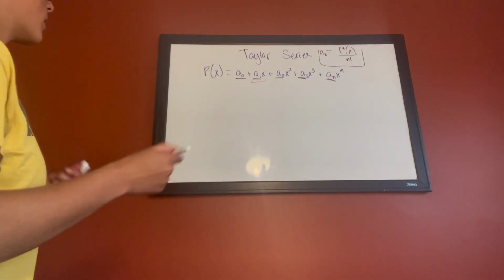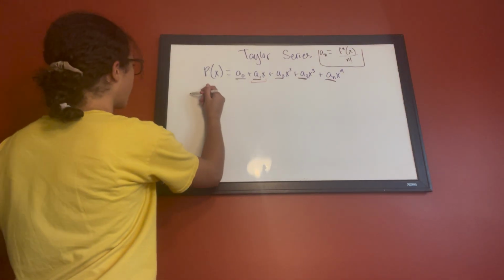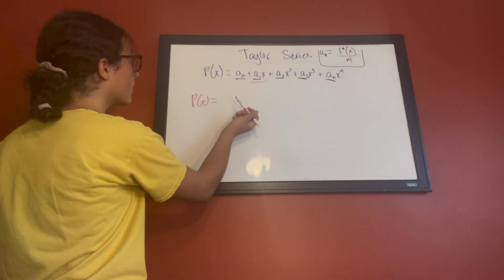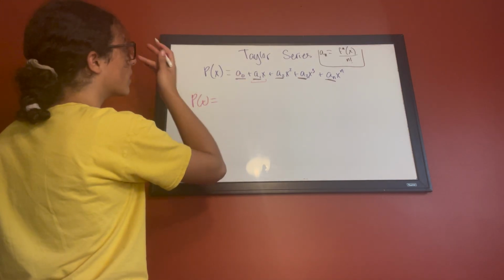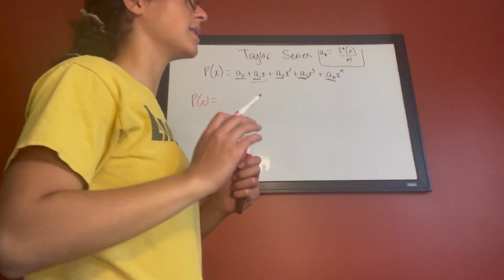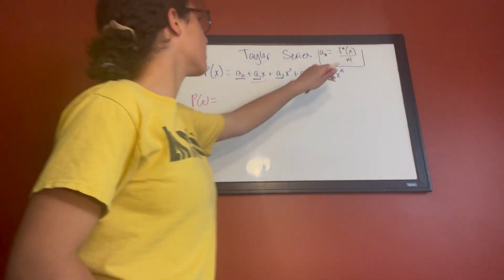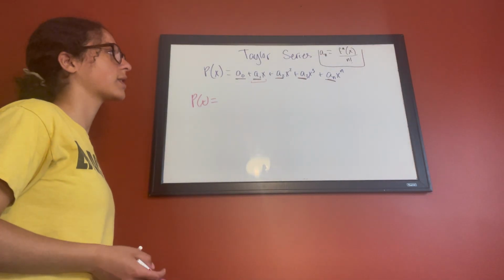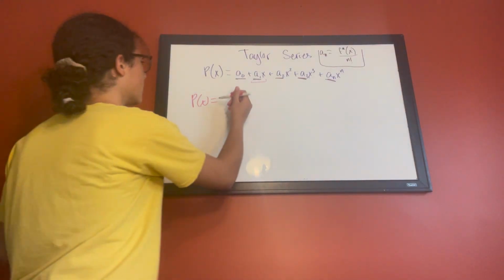So now, my Taylor series, we'll just say p of x is equal to, what do we say? Oh, wow. Well, a to 0, that would just be f0 of x divided by 0 factorial. So that was just f of x in this case.